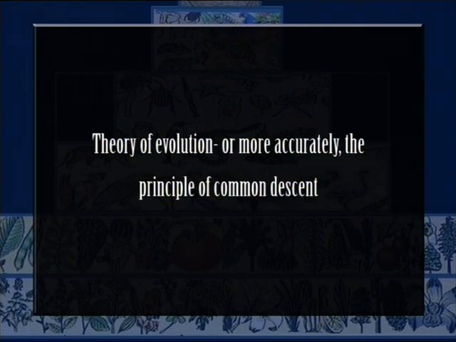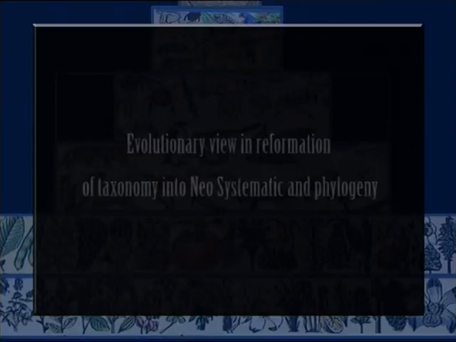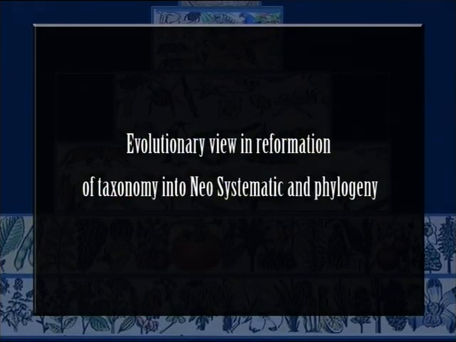During the last 150 years, the theory of evolution, or more accurately the principle of common descent, has steadily increased its contribution to taxonomy's theoretical foundation. After surviving the revolution brought about by acceptance of the evolutionary view in reformation of taxonomy into new systematics and phylogeny, the linear hierarchy is being questioned.